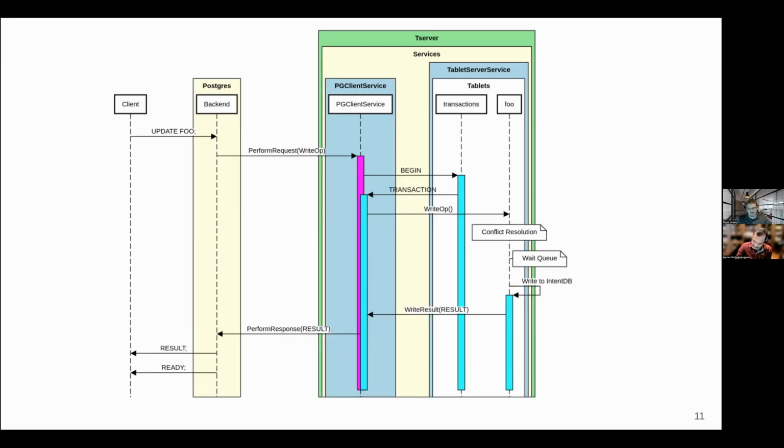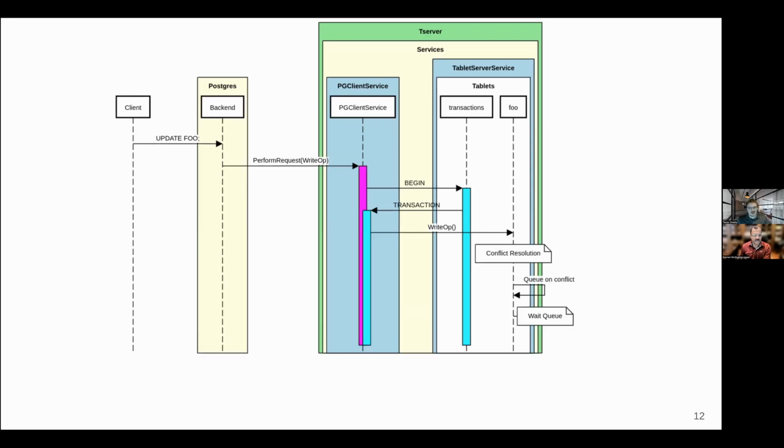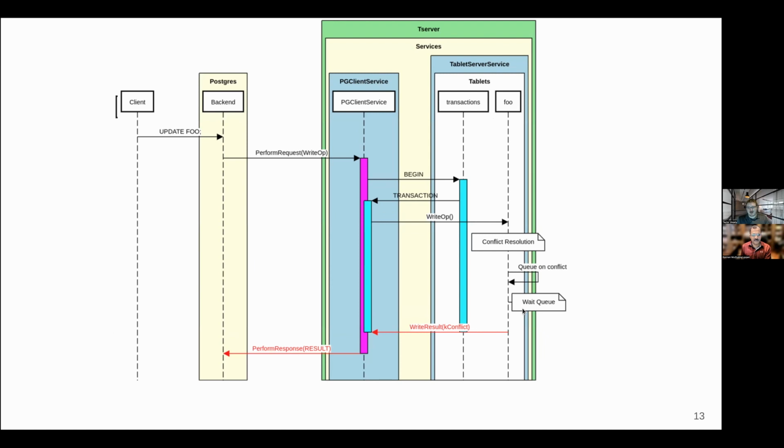Then say that the existing transaction aborts, then we just go and do our write as initially planned. But let's say that the existing transaction commits.